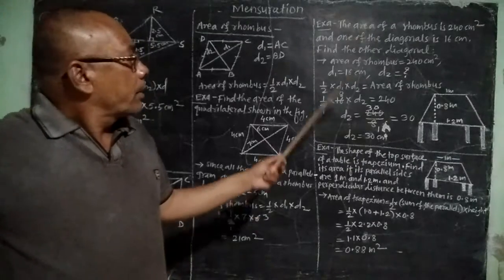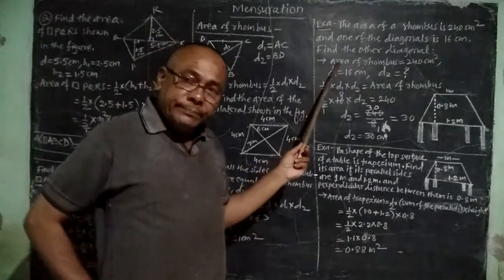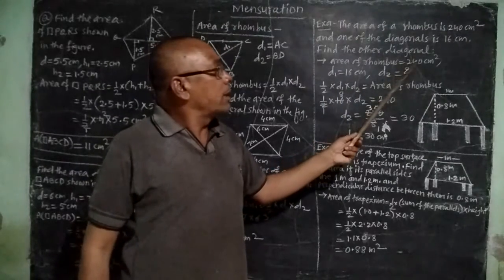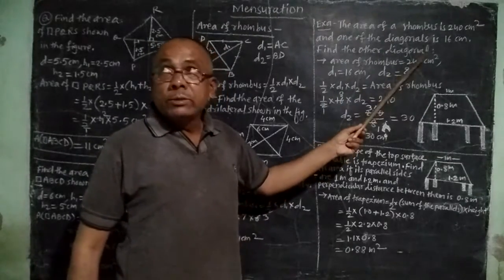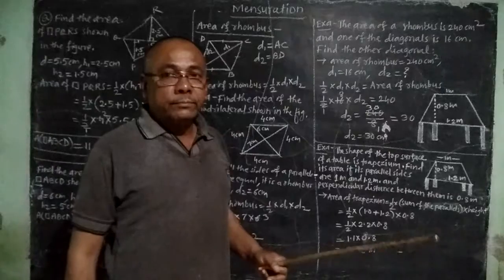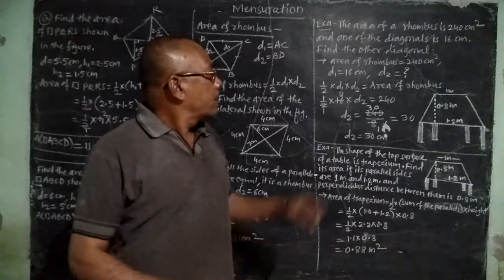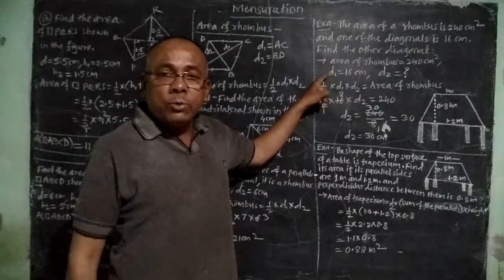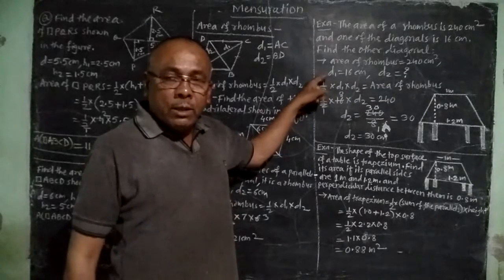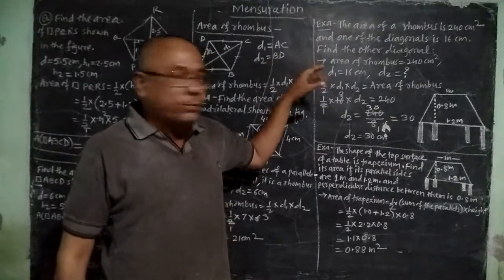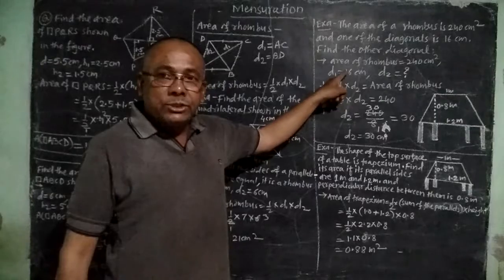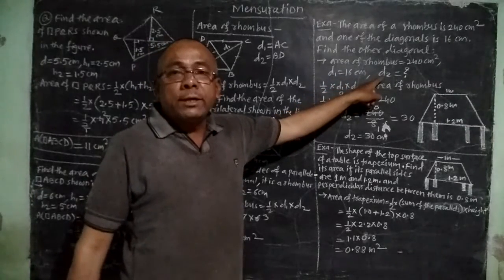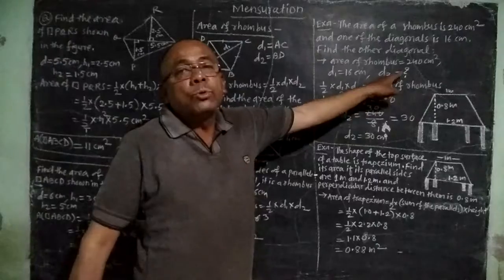So here it is given that area of rhombus is equal to 240 centimeter square. The length of one diagonal is given, that is D1 is equal to 16 centimeter, and we have to find the length of the second diagonal, that is D2 is equal to question mark.